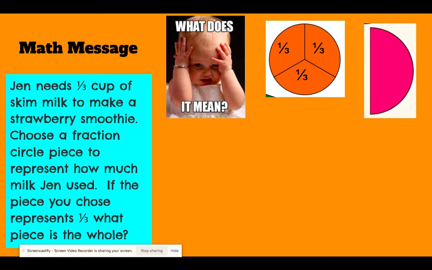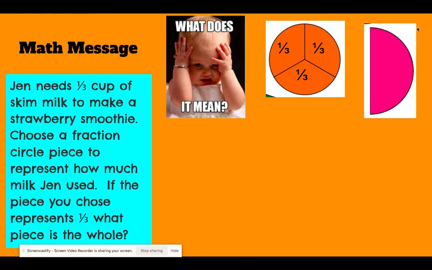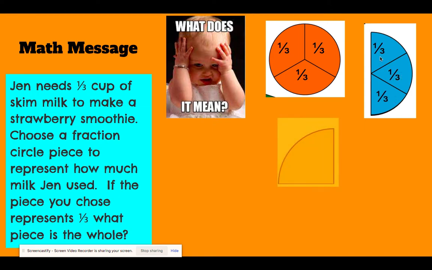But let's say our whole in this case was a pink. Then our thirds would be a light blue, because 1/3, 1/3, and 1/3, 3 light blues make that pink.